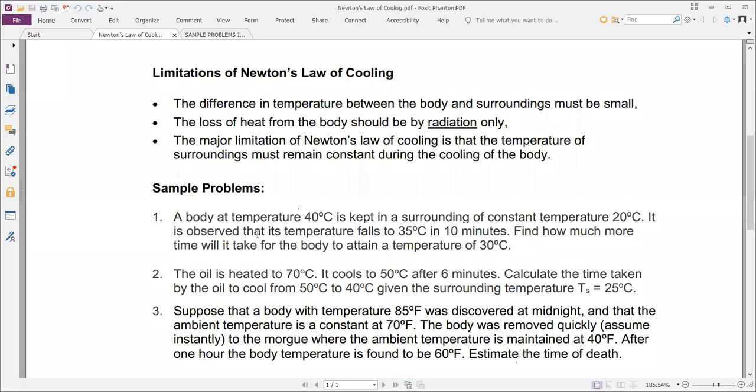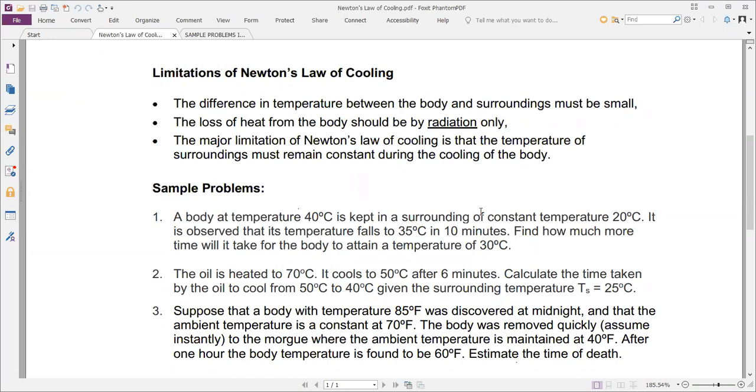A body at temperature 40 degrees Celsius is kept in surroundings of constant temperature 20 degrees Celsius. So this is the surrounding temperature, and this is initially the temperature of the body. It is observed that its temperature falls to 35 degrees Celsius in 10 minutes.